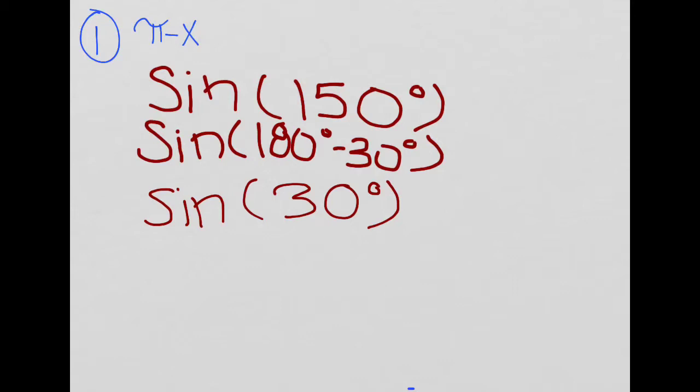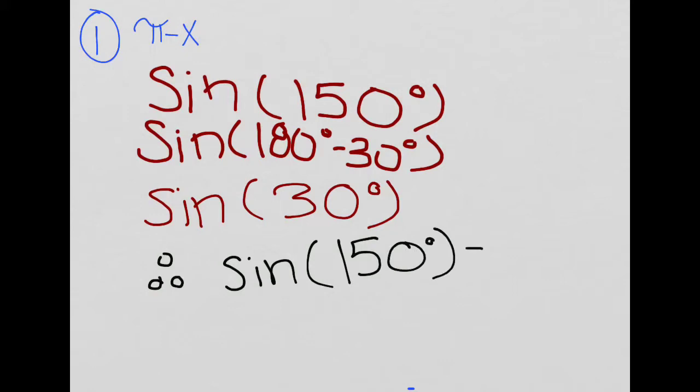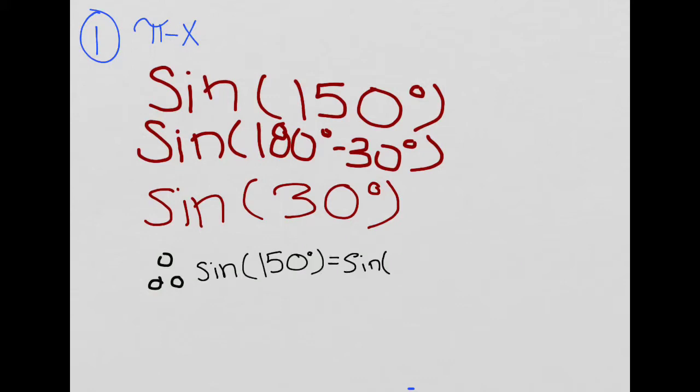Sine 150 degrees is positive because it is in the second quadrant. So now we're finished, and we write a therefore statement. Therefore, sine 150 degrees equals sine 30 degrees.